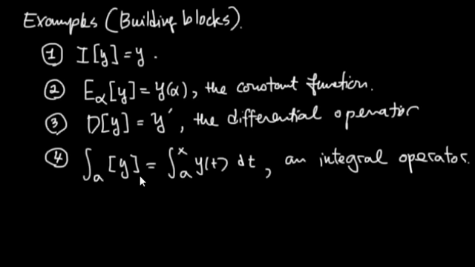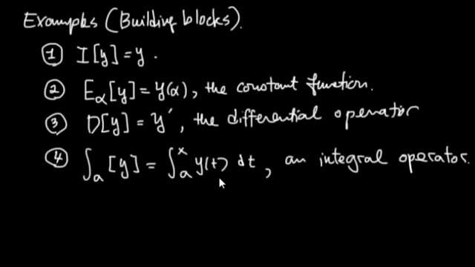So given a function, we can consider this very specific definite integral. We're calling this one not a definite integral, but an integral operator. Given a function, we create this new function using the definite integral. So these are the four things that we're going to use to capture the operator algebra of one variable calculus.